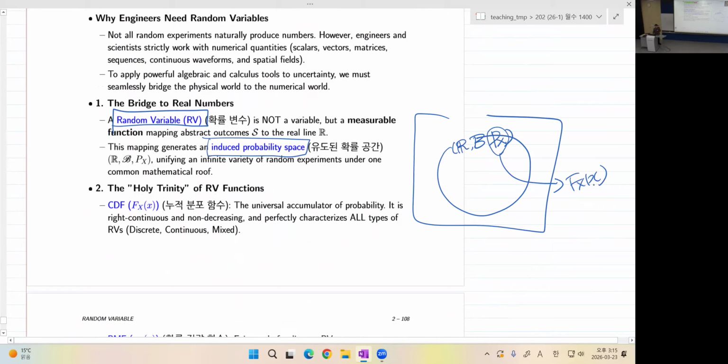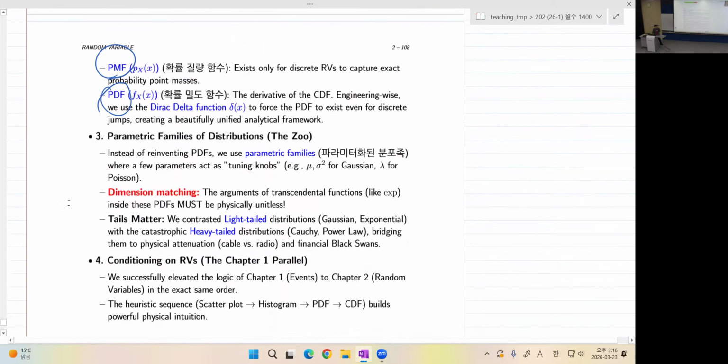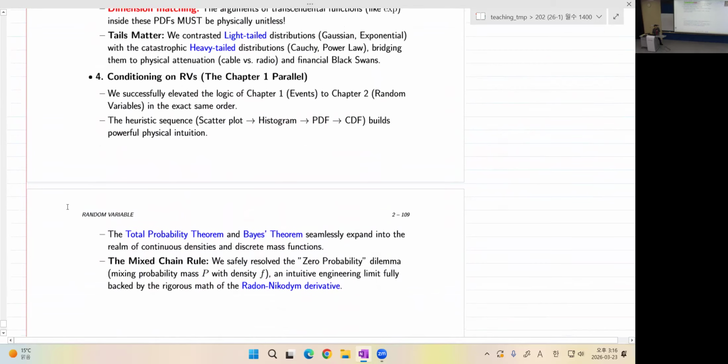And the CDF is very important, and it defines the PDF, even though we have our intuition from the limit of the normalized histogram. And we've seen parametric families, discrete and continuous, and eventually four repeating themes: conditional probability distribution, total probability theorem, Bayes theorem, and independence. That will be repeated again and again.